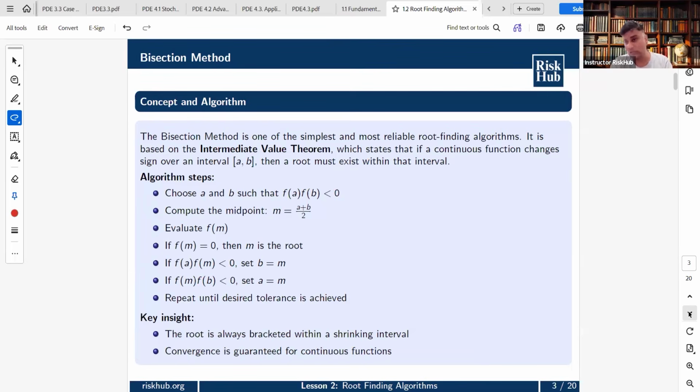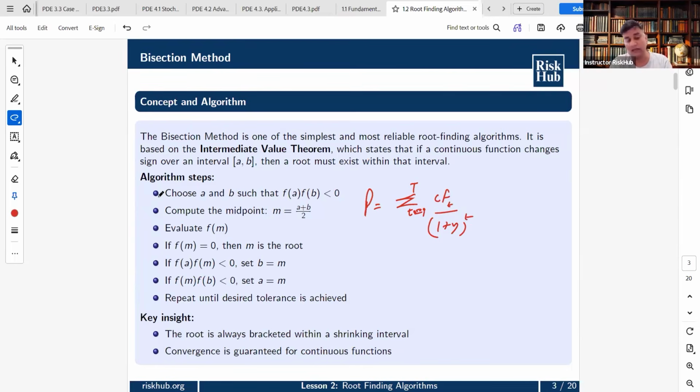In finance, equations are generally more complicated. Finance needs root finding because many financial models are non-linear. For example, bond price and yield have an inverse non-linear relationship. The bond price formula: price is equal to the summation from t equals 1 to T of cash flow at time t divided by (1 plus y) raised to the power t.